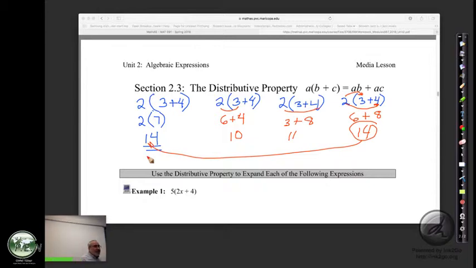And so the reason I do this is because when we come to variables, can I do anything in this example, 2x plus 4? We just talked about it, they're not like terms. I can't add them. So if I'm going to do anything, I've got to do this multiplication over the addition. But now I've got to think about how I could do that.